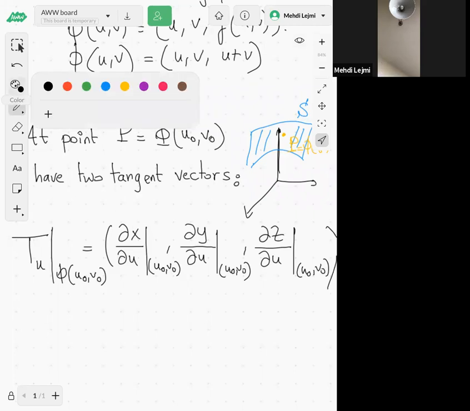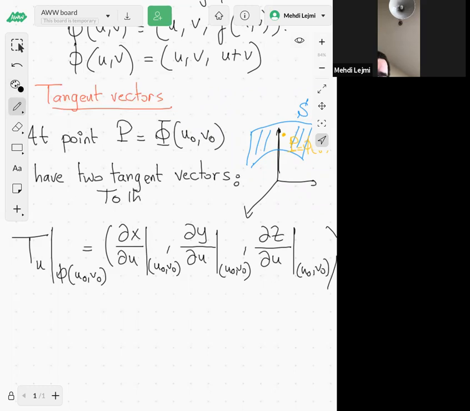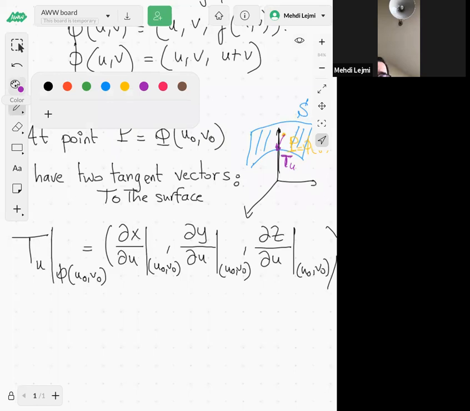So it's a tangent vector to the surface. Okay, tangent vectors to the surface. They are tangent vectors to the surface because they are tangent vectors to curves lying on the surface. So this is my capital T index u. And we have a second special tangent vector to the surface.